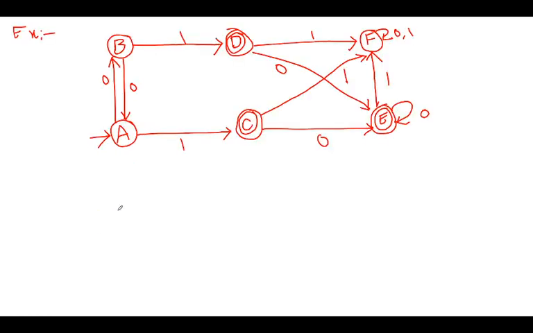Just observe: the states are A, B, C, D, E, and F. So six states, and in the rows also A, B, C, D, E, F.